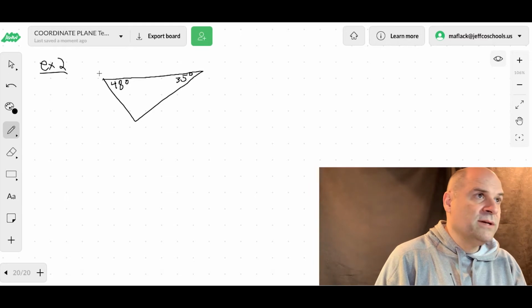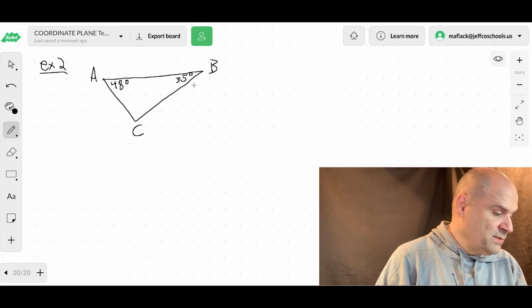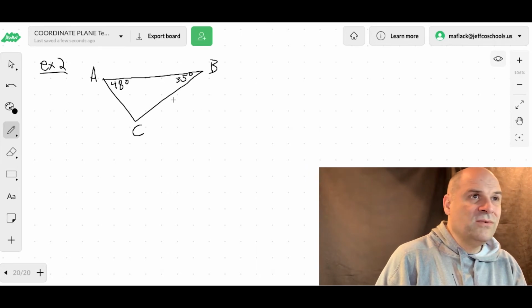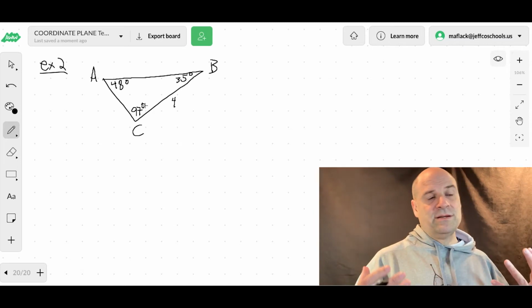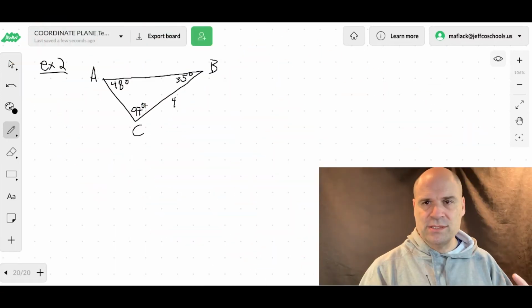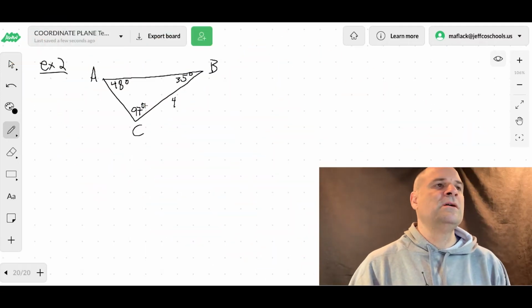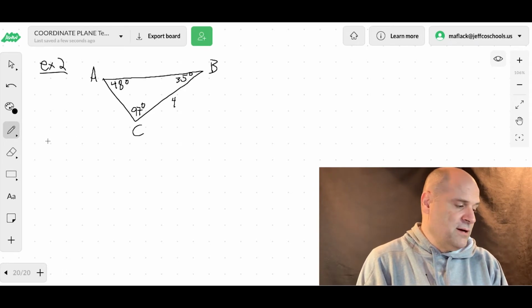Okay, and this is our triangle, A, B, C. And this is what we're given. We're just given this little 4 here. So now you know it's not a right triangle, so you can't use your basic trigonometric functions, okay? You can't use those functions, but you can use your new friend, the law of sines.